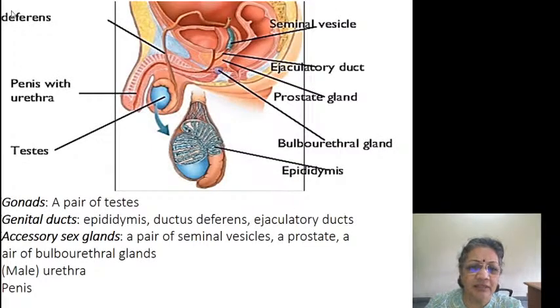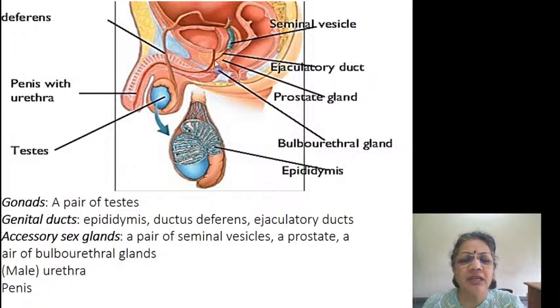You remember that the germ cells were manufactured in the testis, and from there they moved into the epididymis, and from the epididymis into the vas or the ductus deferens, and then they were brought to the ejaculatory duct which joined the prostatic urethra, after which other things were added.